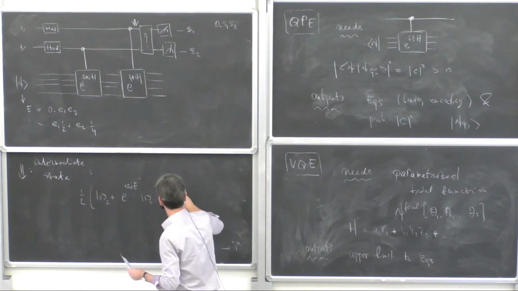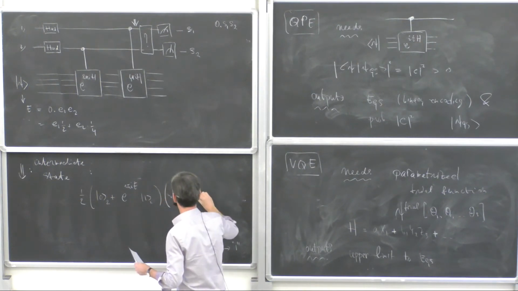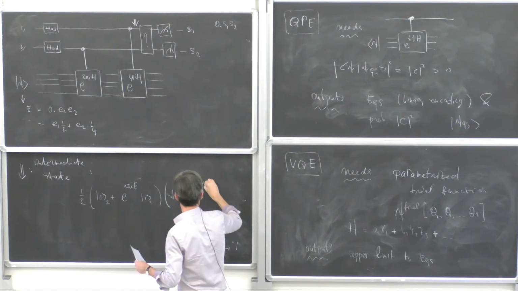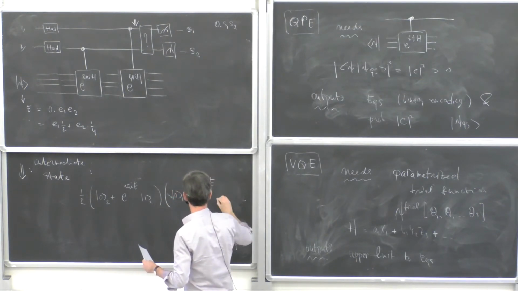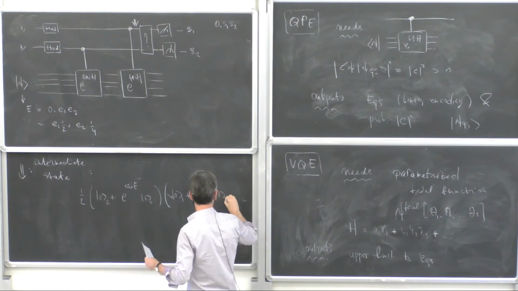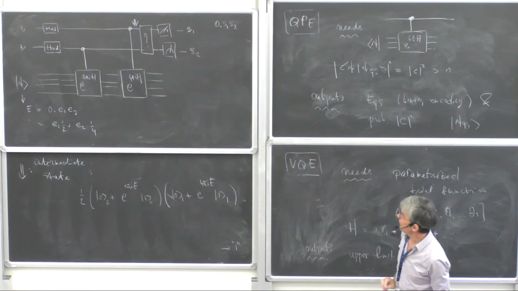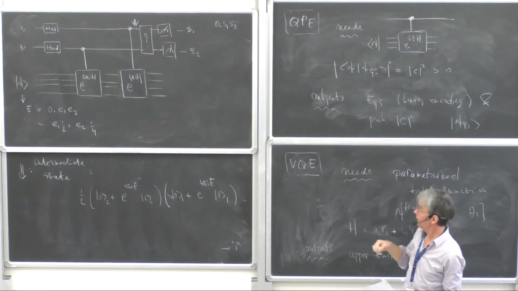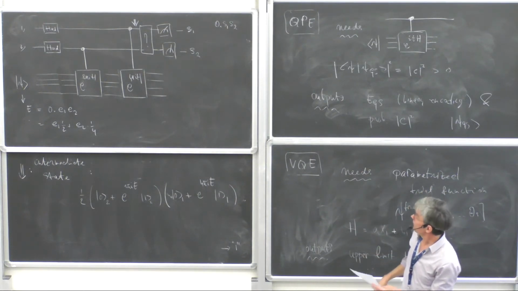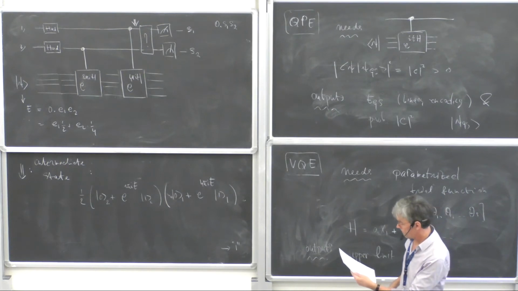Same story, it's |0⟩, and then there's this double phase, 4πi E, |1⟩, like this. So that's my state for the top 2 qubits after having gone through the first part of the circuit.